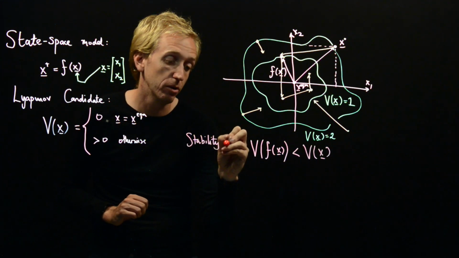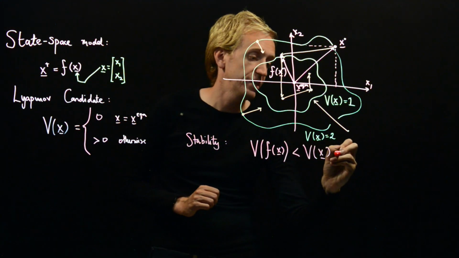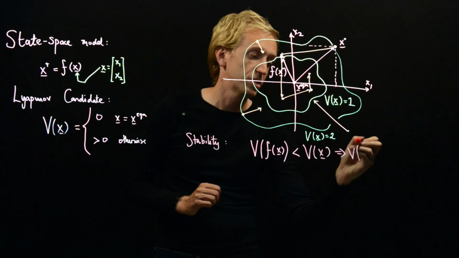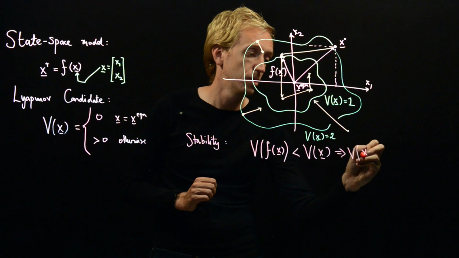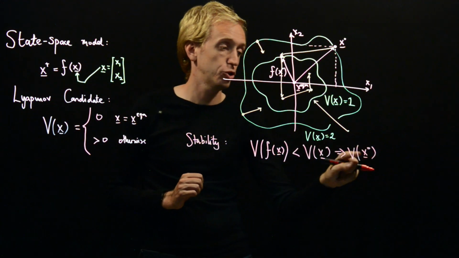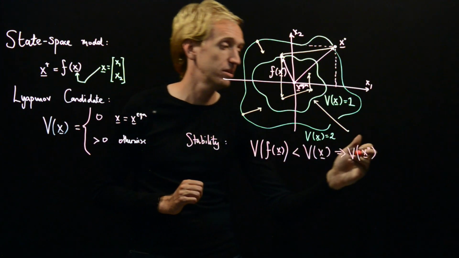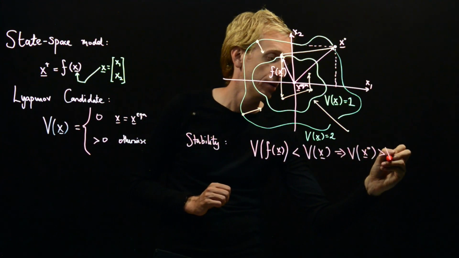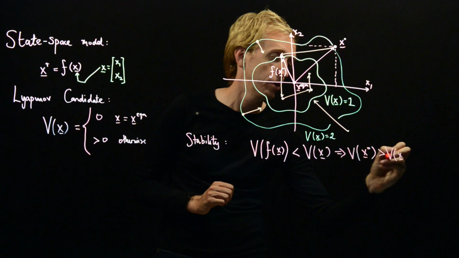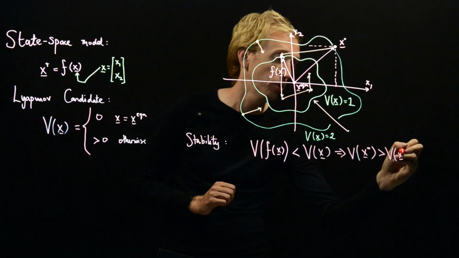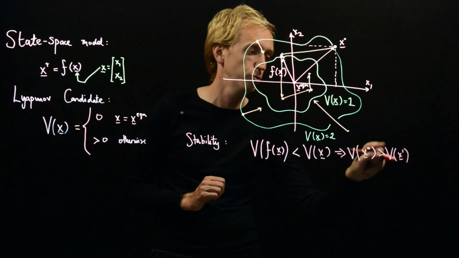So why so? Well, suppose we have some value of our function at an initial point on a trajectory. This condition guarantees that one step into the future, the value of our Lyapunov function will have gone down. So one step into the future, we're at a lower level.